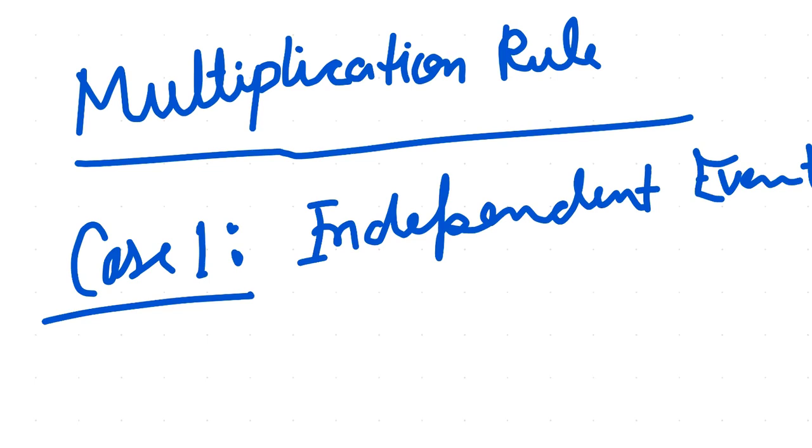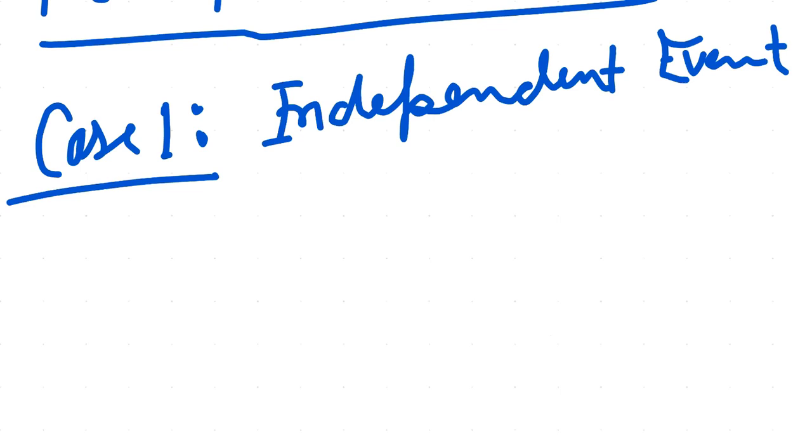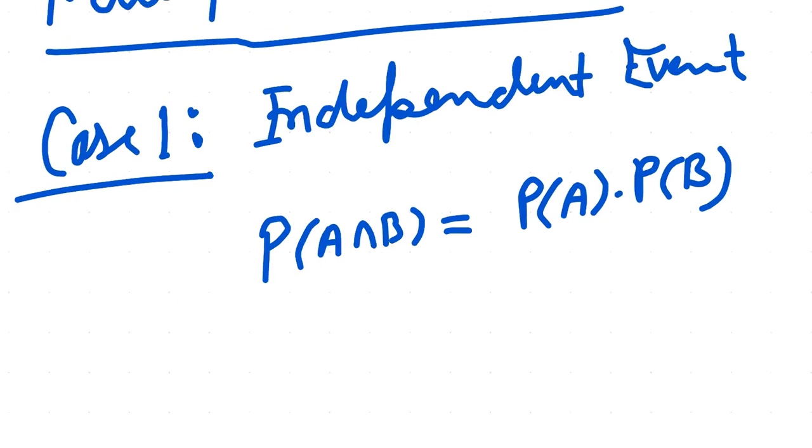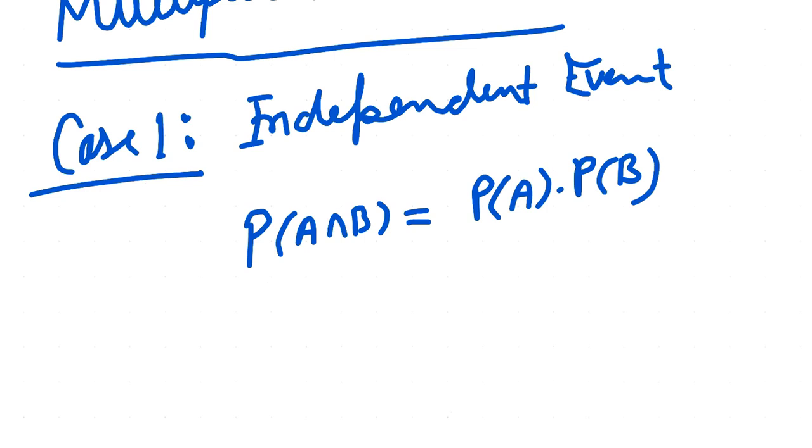For independent events, we have this formula: probability of A intersection B is equal to probability of A into probability of B. Okay. So when we have independent events, because in independent events, no event is based on the previous one.